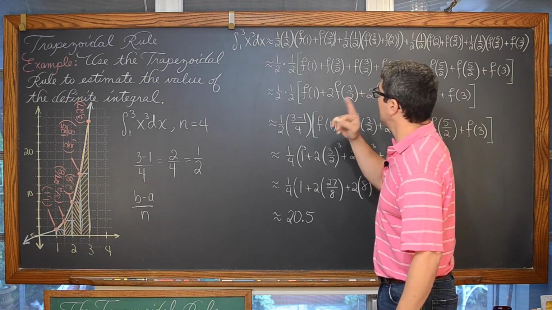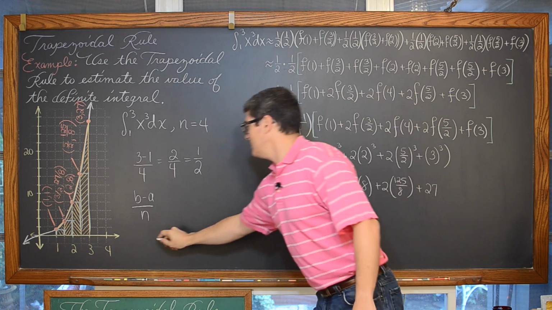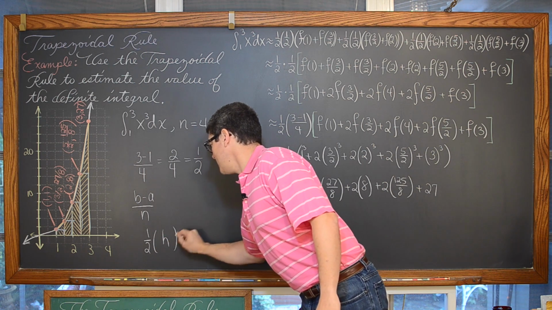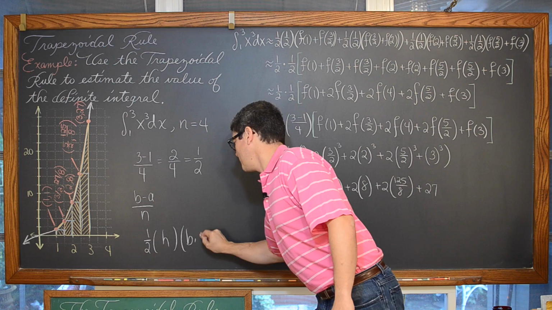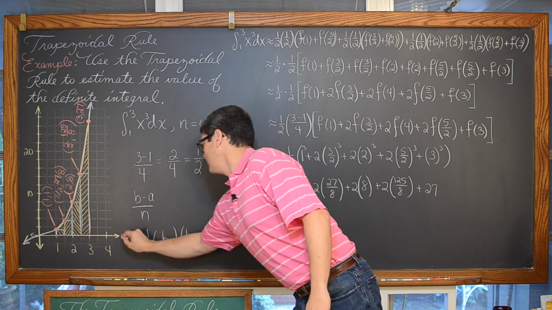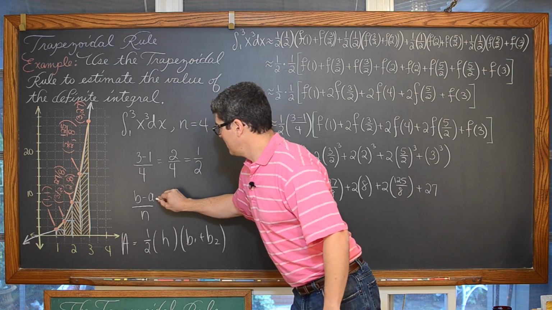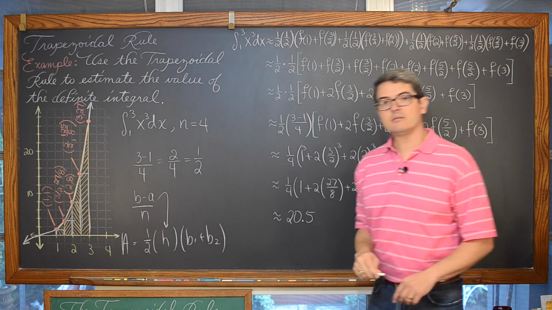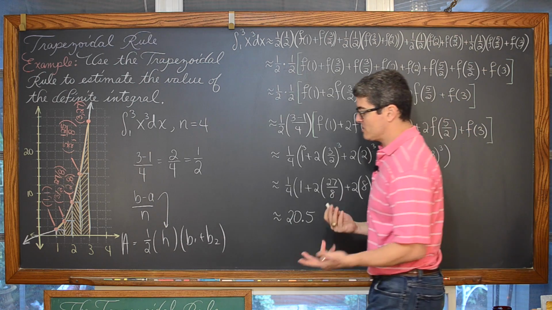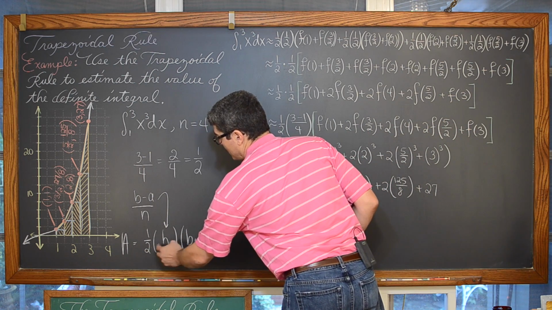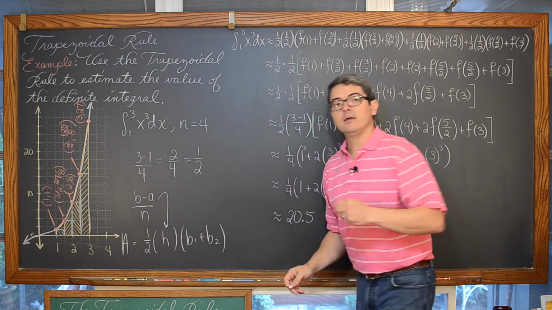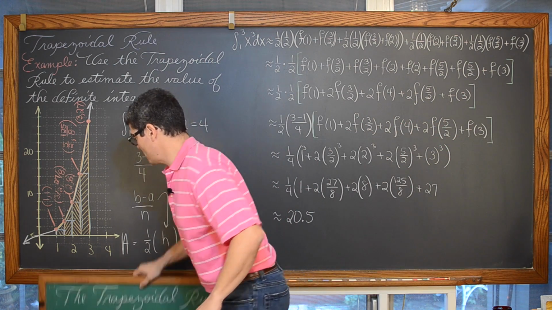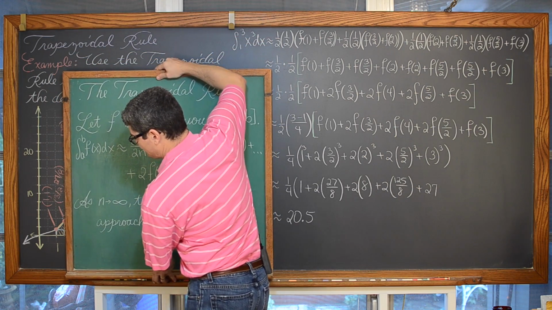Well, yeah, the area of a trapezoid is 1/2 times the height times b sub 1 plus b sub 2. Well, if b minus a over n is the height, and we're estimating these areas with trapezoids, well, there's that 1/2 that's always going to be sitting out front, and that's where the 2n came from in the denominator of the trapezoidal rule. Now, just in case you want to see it again, voila!